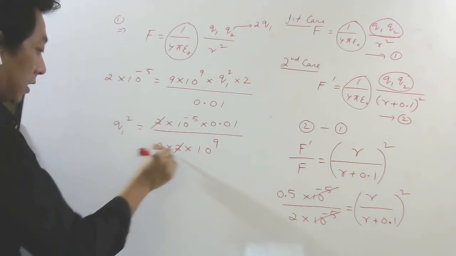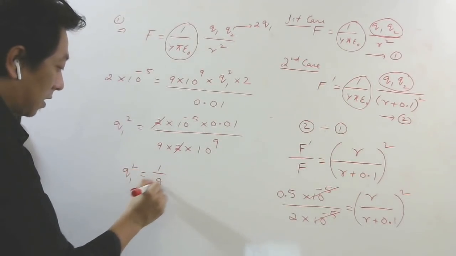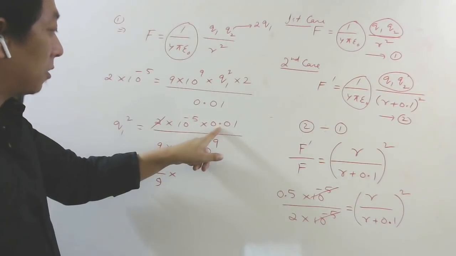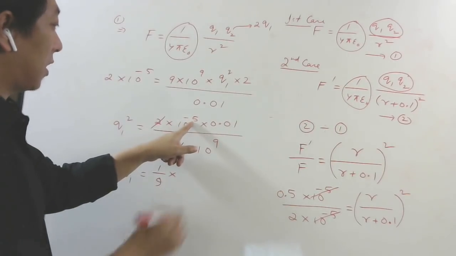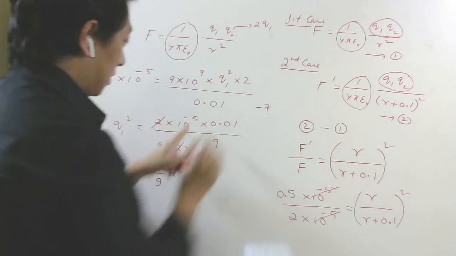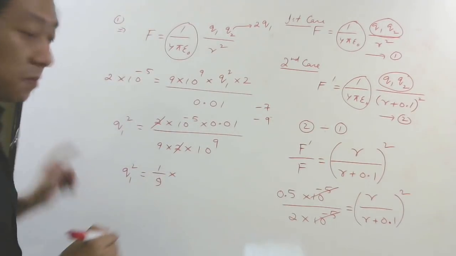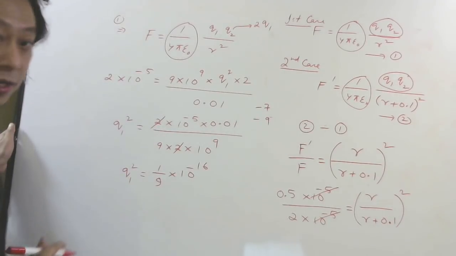So this 2 I can cancel, right? So Q1 square will be 1 by 9 into, see this is 10 to the power minus 2. So 10 to the power minus 2, 10 power minus 5 is 10 power minus 7. Then 9 will go up, minus 9. Minus 7 minus 9 will be minus 16. So 10 power minus 16. Then you have to take square root of this.